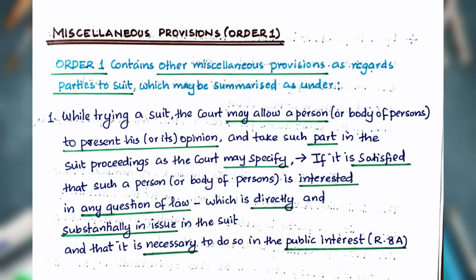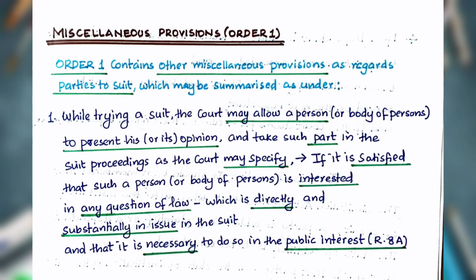There are a lot of other miscellaneous provisions in Order 1 which deals with the topic parties to suits. So let's get into that. Order 1 contains other miscellaneous provisions as regards parties to suit, which may be summarized as under. Number 1.